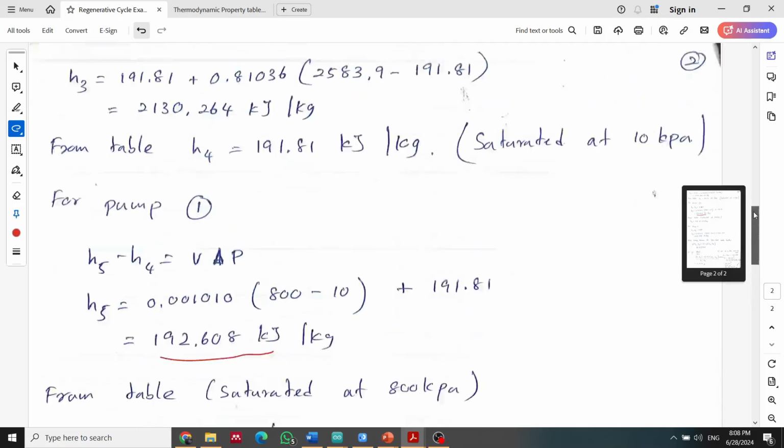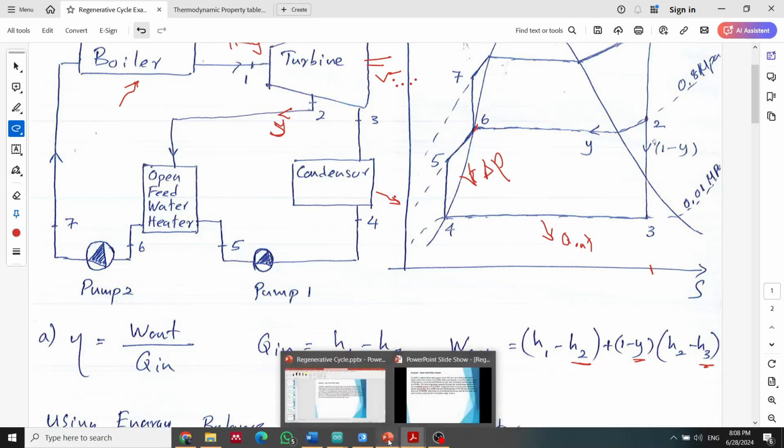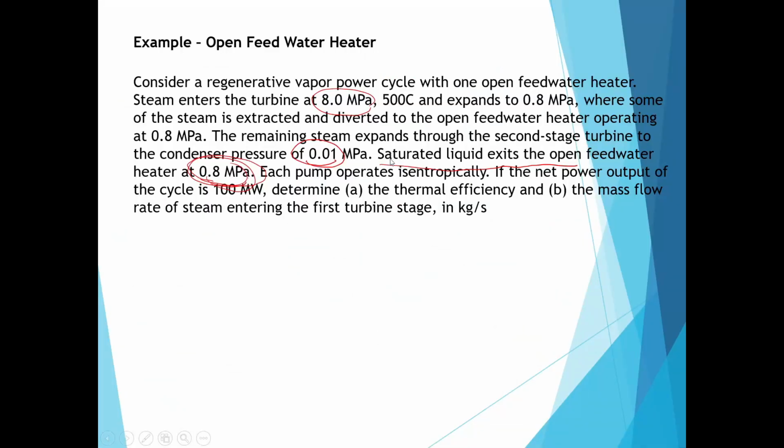So H6 is exactly on the saturated line, right? I highlighted that. If you remember, the saturated liquid exits the open feed water heater at 0.8 megapascal, right?